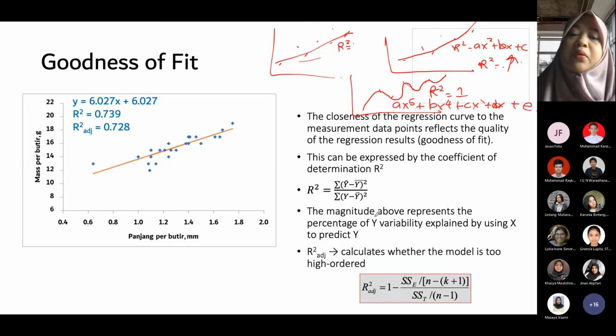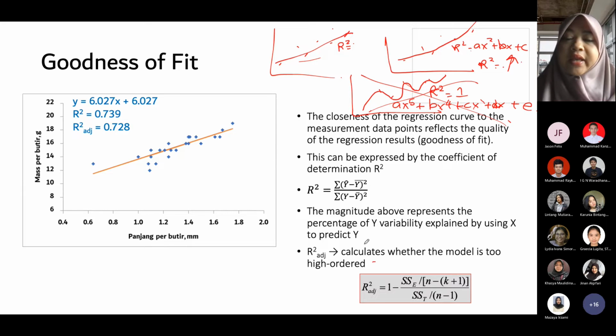So what you can do is use the adjusted R square, which calculates whether the model is too high ordered. You don't want a sophisticated model when you can just make a linear and simple model.